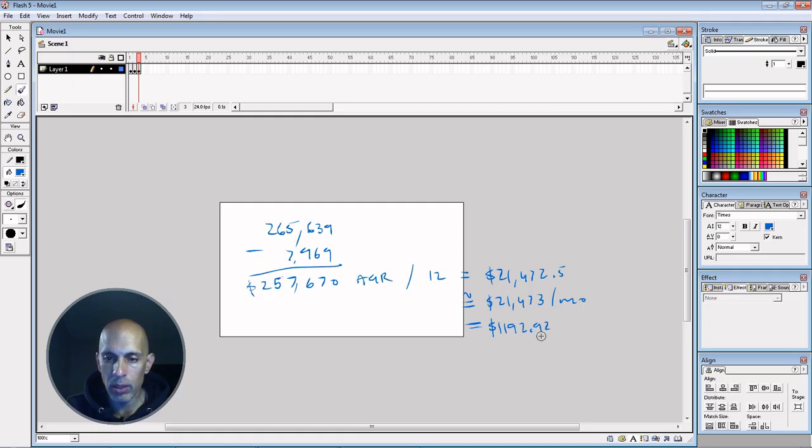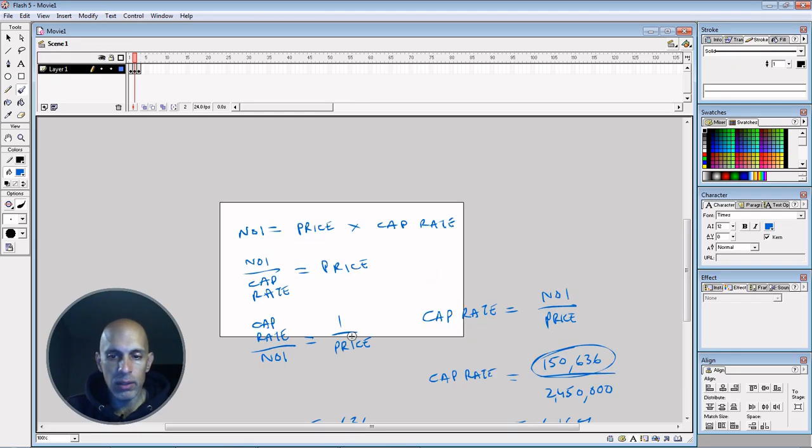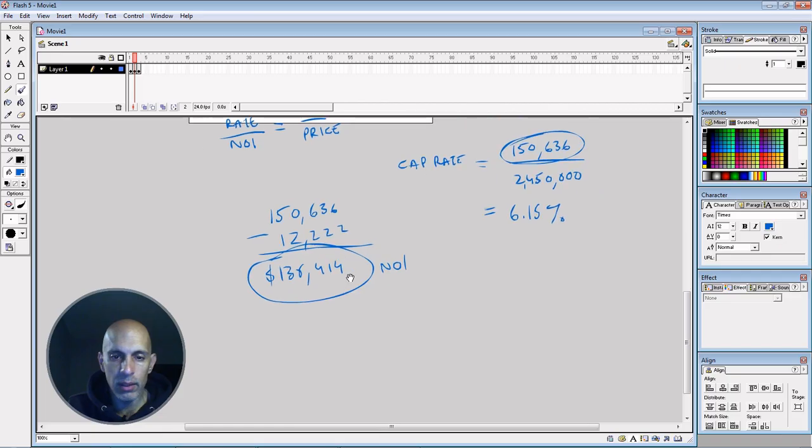$1,192.91, or 92 per unit, and I'm going to round that up to $11.93 per unit. Okay, so let's see what this is. This is my NOI.